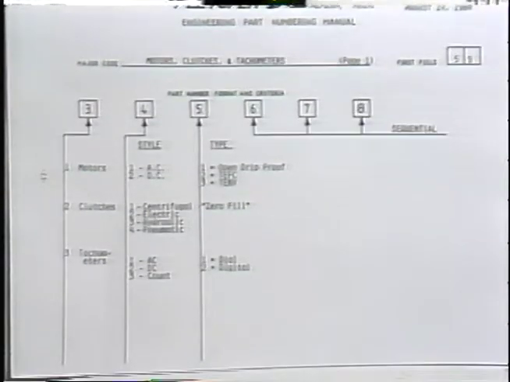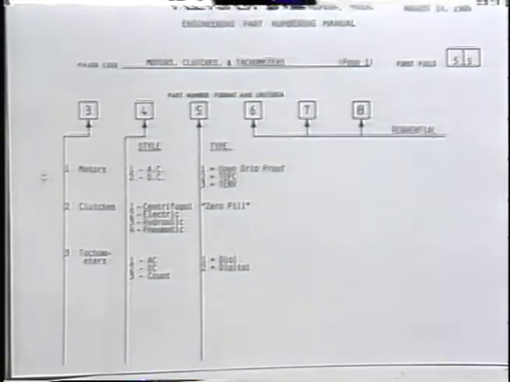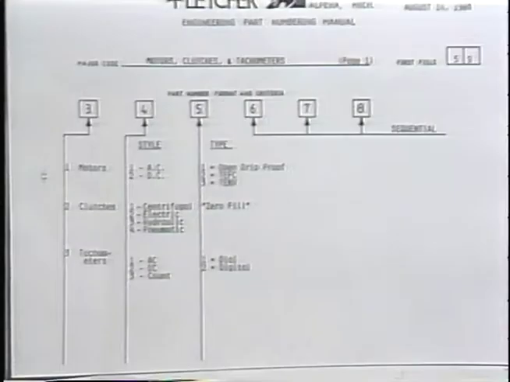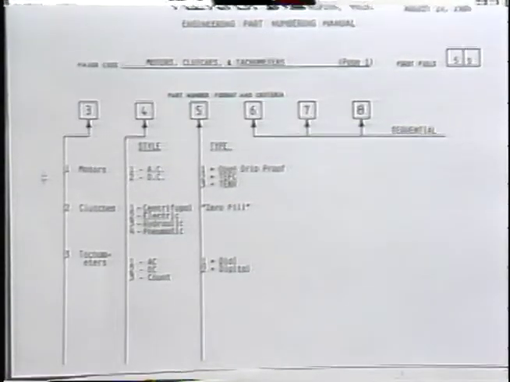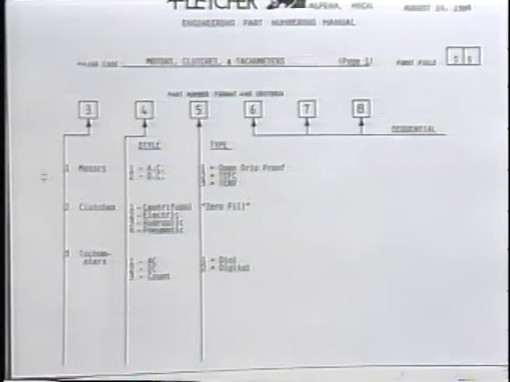Very simple, 1, 2, and 3. So we're able to, with these 3 major commodities, put those into a single commodity code 59, and 59.1 is motors, 59.2 is clutches, and 59.3 is tachometers.